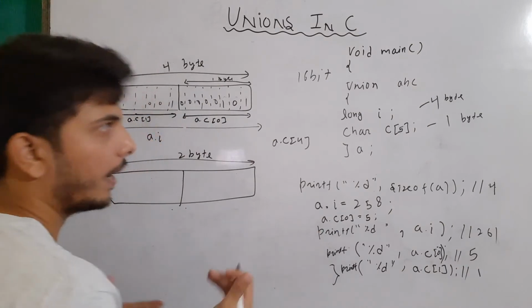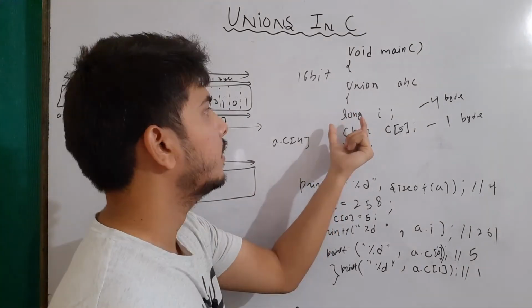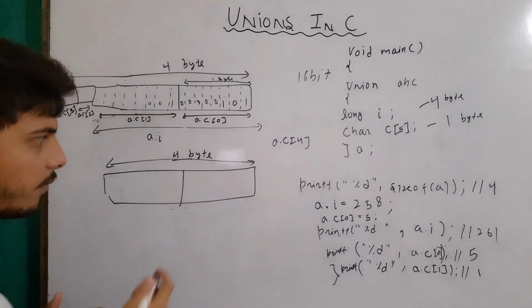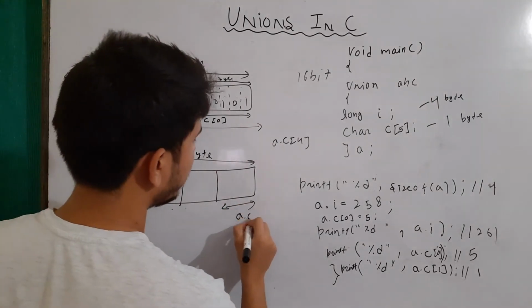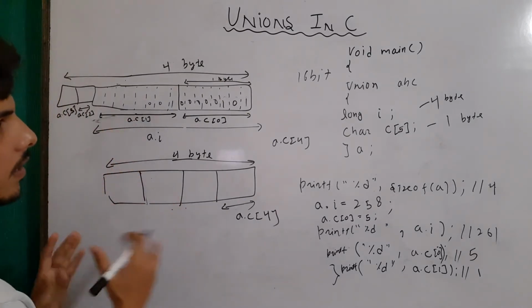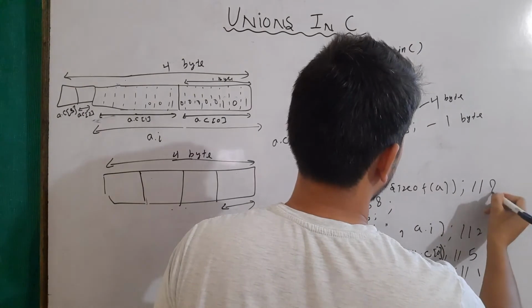It will be 4 bytes. Why 4 bytes? Because the size of the highest data type is 4 bytes. So this extra 4 bytes of memory will now be used, and this byte will be used for a.c4, right? So this is how the size of our union variable increases. In this case our output will be 8 bytes, right?